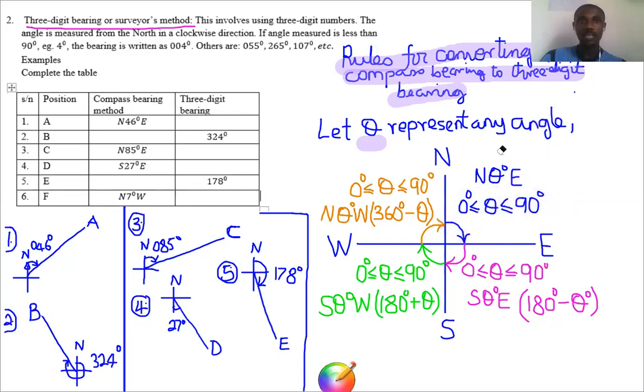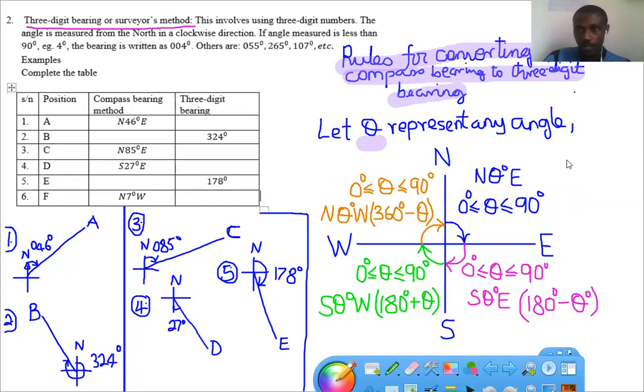For instance, if the given angle is say 5 degrees, then the equivalent of north 5 degrees east in three-digit bearing is simply written as 005.